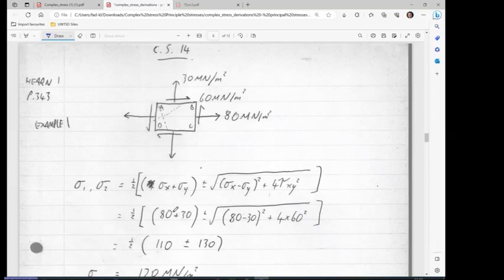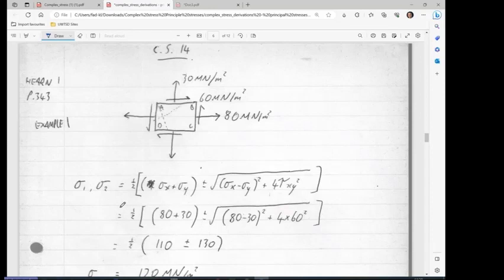So we've got 80 plus 30, so we've got 110 in this first bracket. And then this second term, which is this hypotenuse term, we've got sigma x minus sigma y, so that's 80 minus 30 squared, plus 4 times tau xy squared, 4 times 60 squared. And if we calculate all of that square root, we're going to get 130.